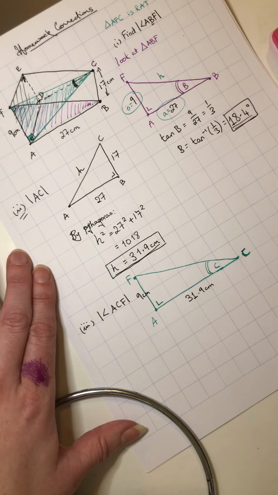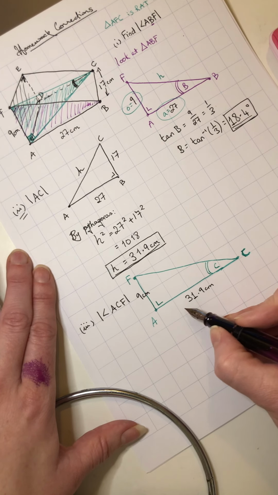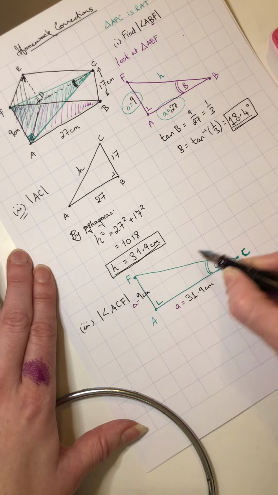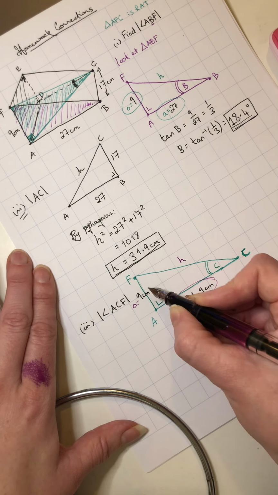So we're looking for an angle, and we have 2 sides. We're going to use SOHCAHTOA. And these are almost always tan.